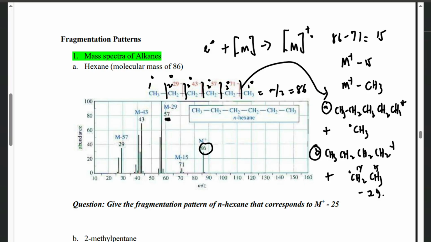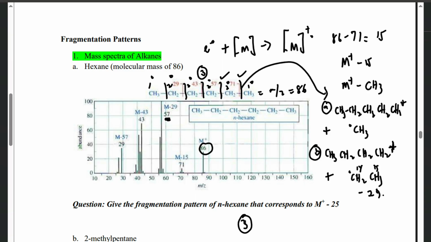This is the base peak, the most intense, and it is because the carbocation here is formed between 2 and 2, not between 2 and 1. It's more stable than any other one we can produce. So let's say we fragment here, right?